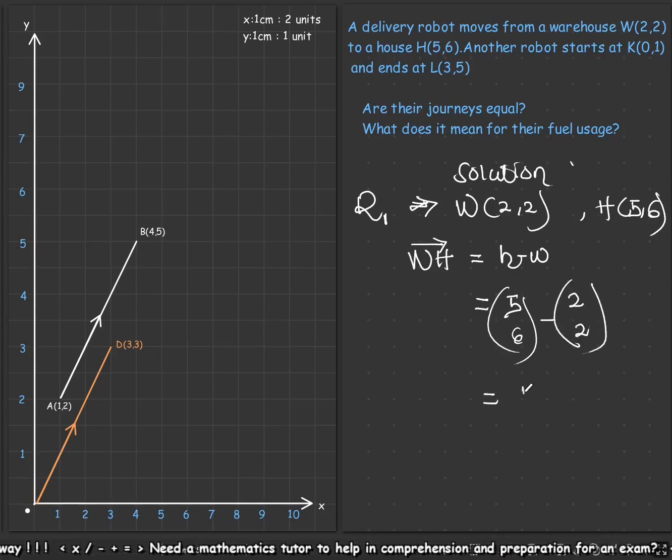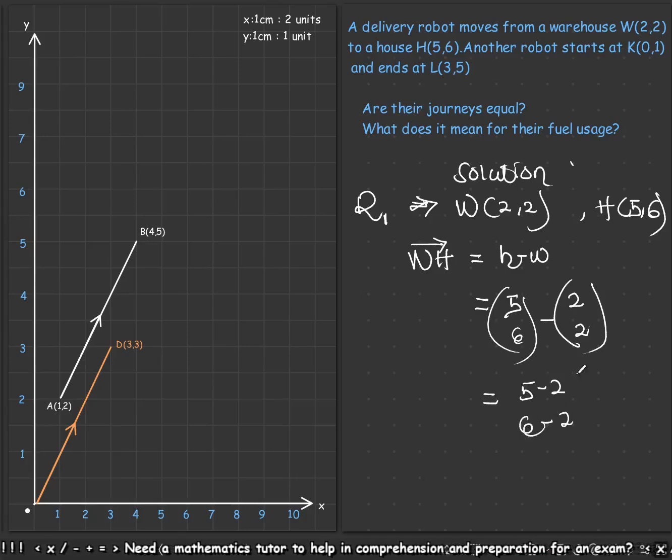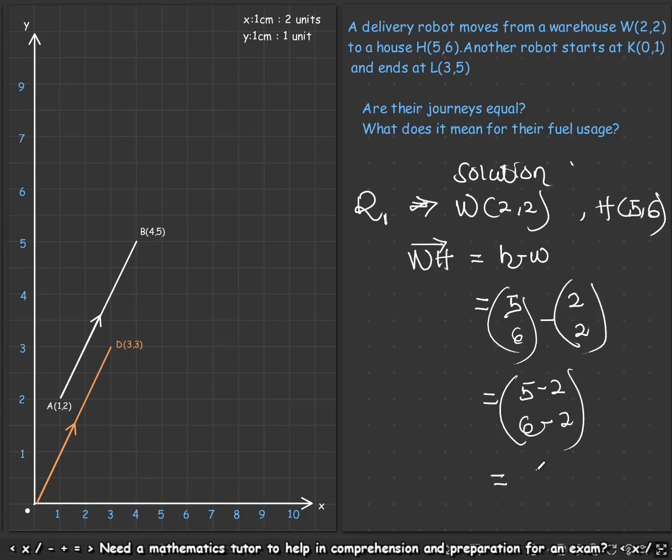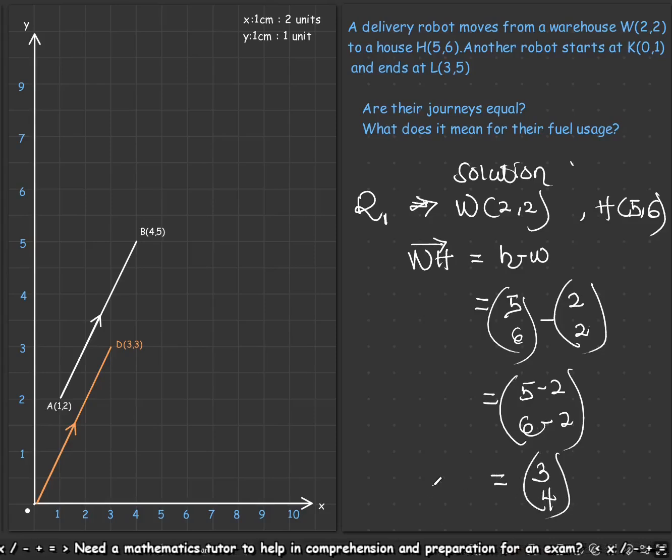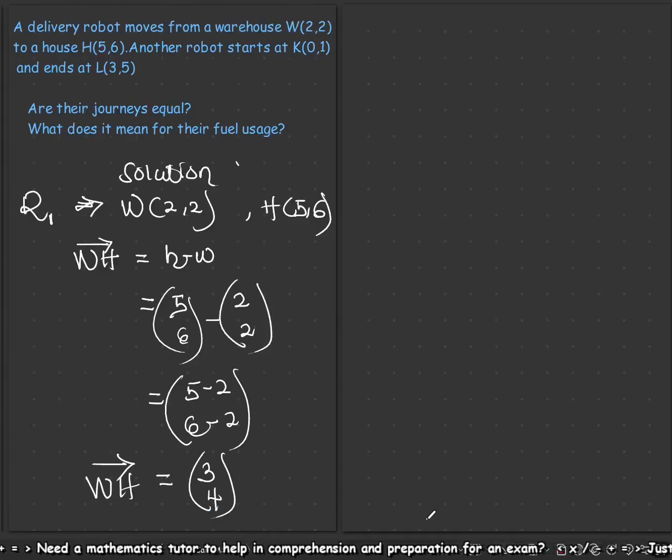Evaluating further, we have 5 minus 2 and 6 minus 2, and that gives us (3, 4). So this here is the vector WH.